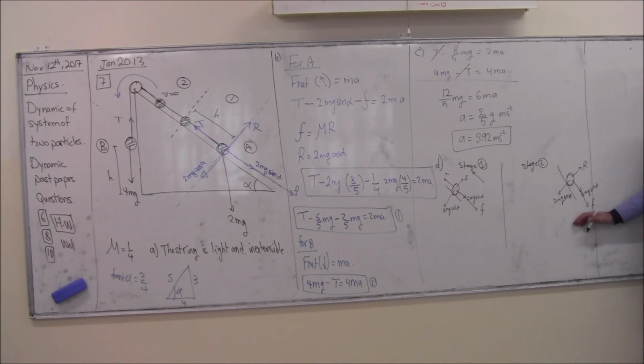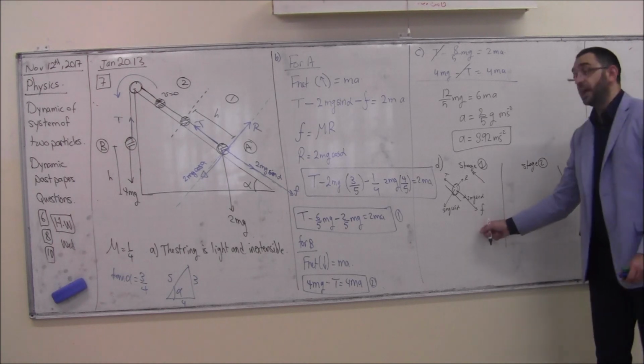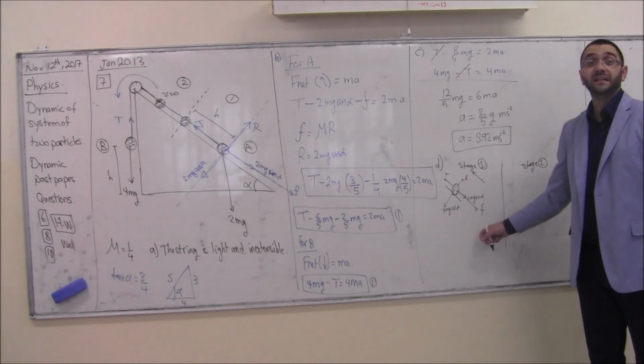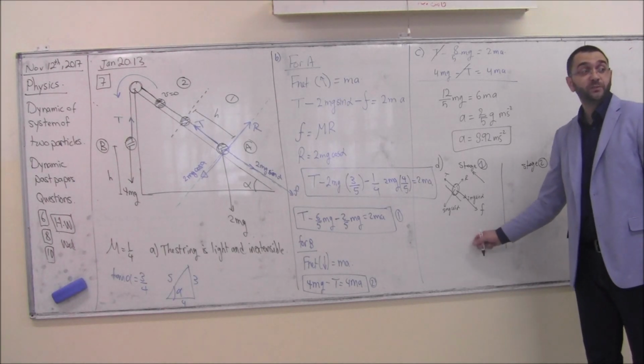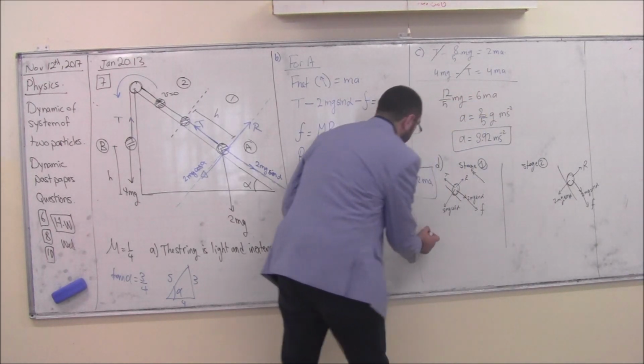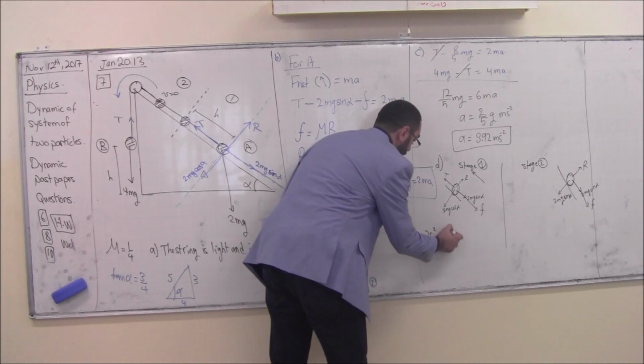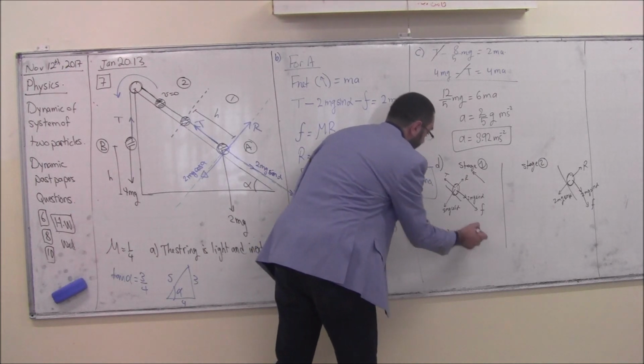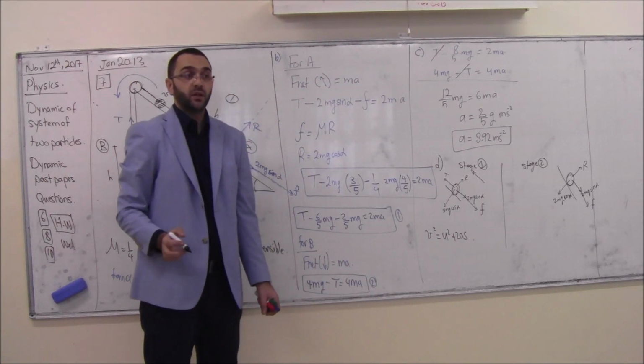Okay? What do I have to do here? Find the new acceleration. Here I have to find the final speed. Then the final speed here will be what? Initially, V squared equals U squared plus 2AS. Pay attention please.